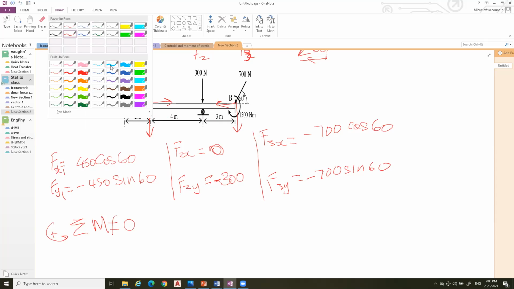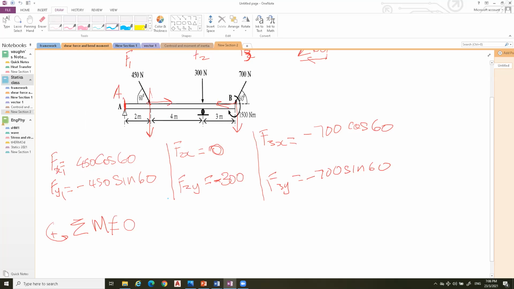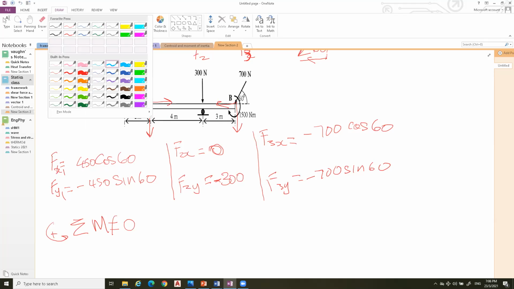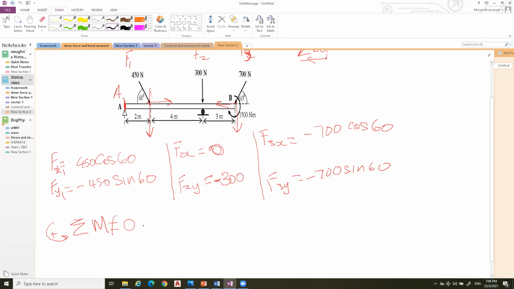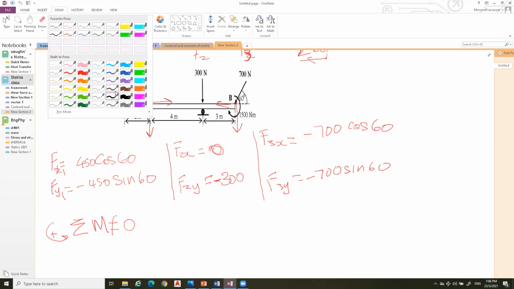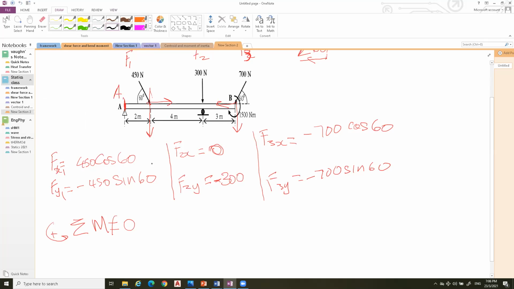I'll do that blue. I hope you can see. No, you're not going to see the blue. Too light. Black. All right. So we're going to take some moments now. I can't get a bigger one.